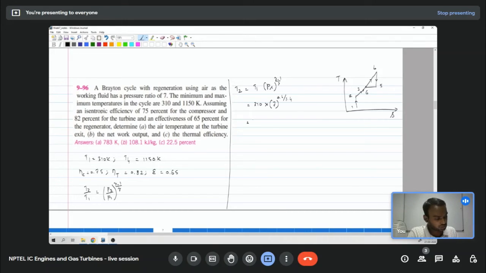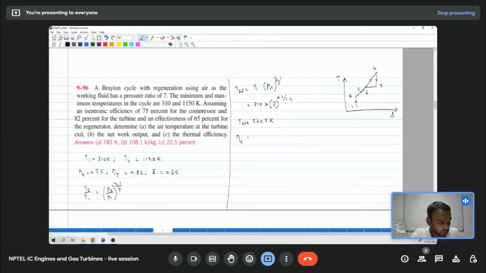So this is 540.5 Kelvin. And this is isentropic temperature, but actual temperature will be a little different based on the efficiency.